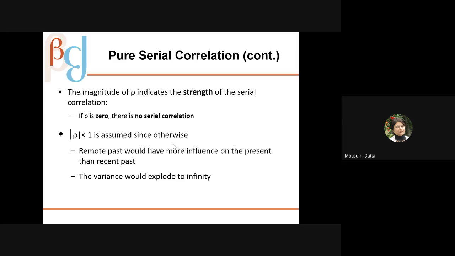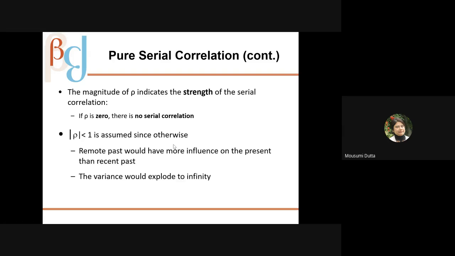Okay, so we need to clarify these two lines: remote past would have more influence on the recent past, and variance would explode to infinity. Within a minute, we will present the AR1 process as an infinite MA process.